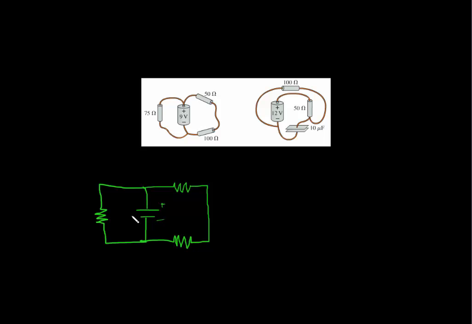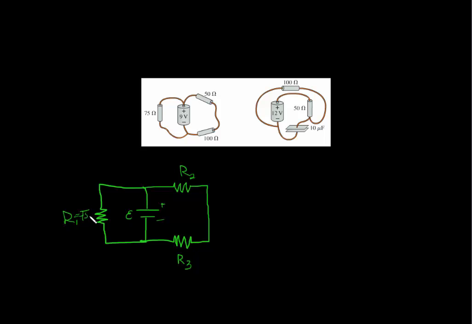Now, normally when we write these, we'll go ahead and label everything. So next to this, we would put our EMF. Up here, we could call this R1, R2, R3. And then since they actually give us the values, you go ahead and write them on there.